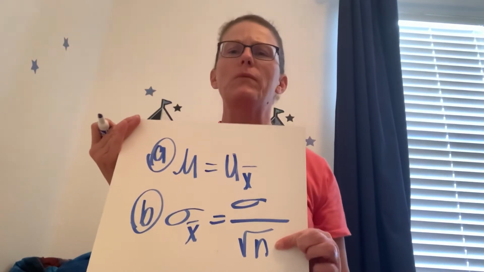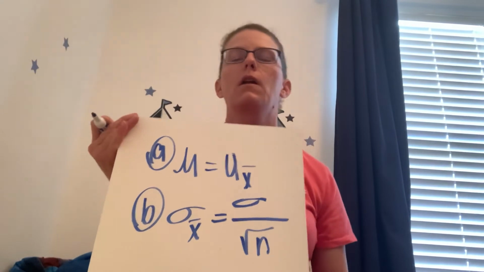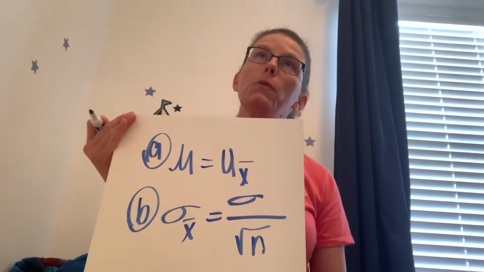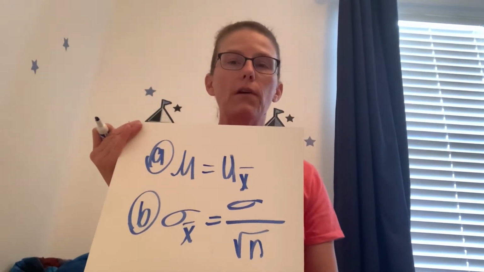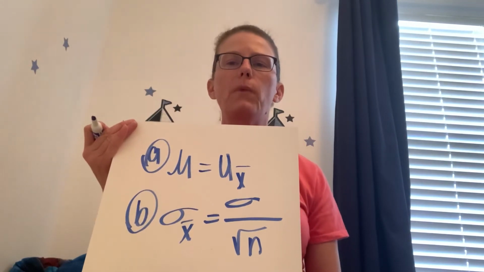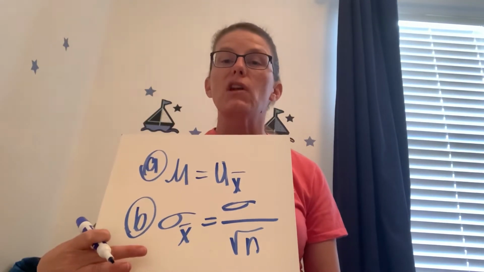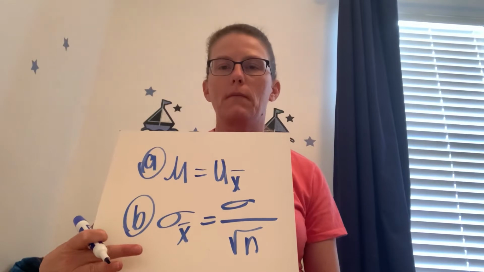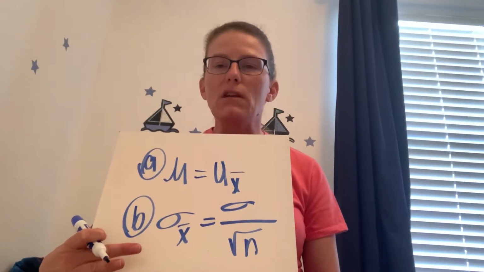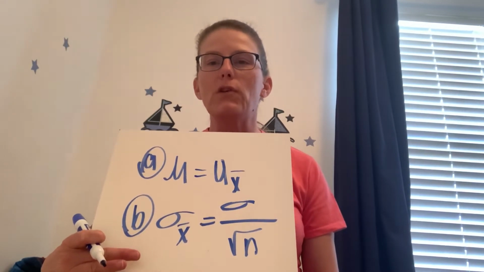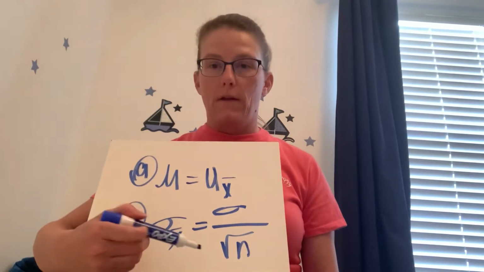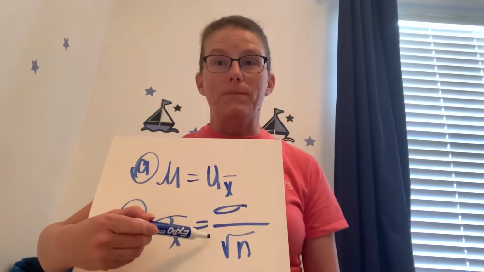You're like, well, why do we have to do that? Because there's a little pattern that gets observed when we look at the standard deviation of all of those sample means. They change relative to the size of your sample.